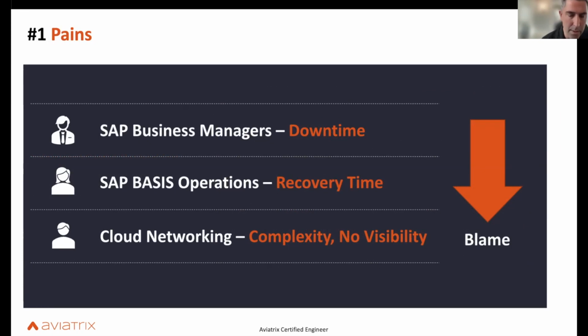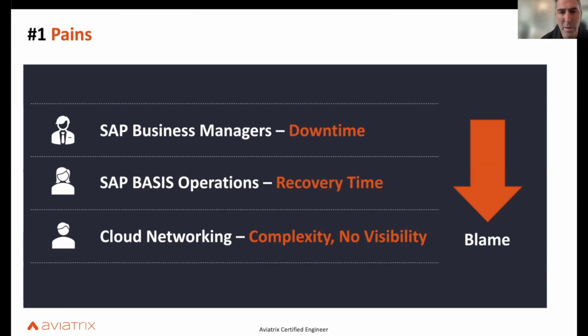And I was reading a statistic, with SAP, because it's so complicated, there's a 40% chance every SAP business transformation project is going to be overrun. But during all of these complex projects, they're fundamentally, all of them say, we have to do all this and the system can't go down, right? So the business managers are worried about downtime.